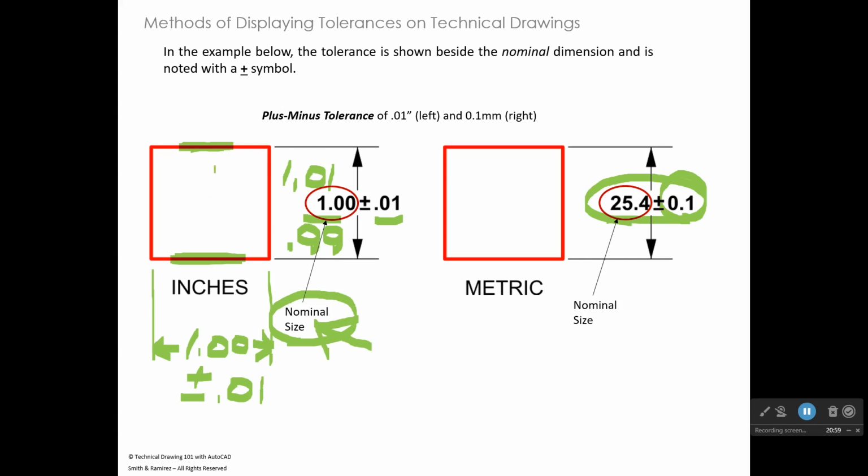So the nominal size of the height of this part is 1.00. So a definition of nominal size is it's the size that you can add or subtract your tolerance to, or apply your tolerance to. All right. So the next thing that gets circled here is this guy right here.